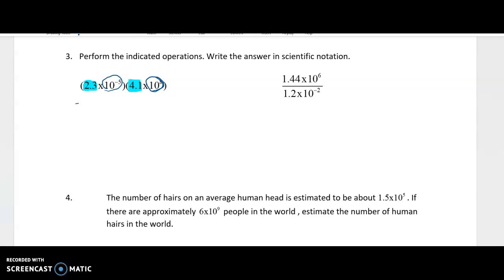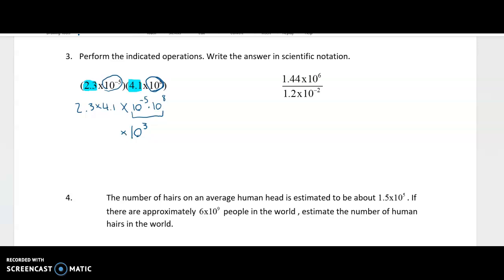We can regroup this as 2.3 times 4.1, and then times 10 to the negative 5 times 10 to the 8th. I know that when I'm multiplying powers with the same base, I can just add the exponents. So 8 plus negative 5 is 3. So this is times 10 to the third.